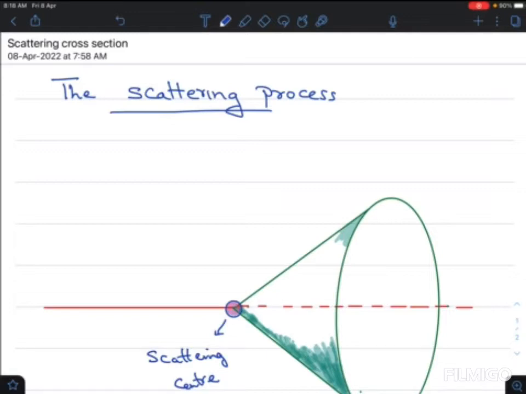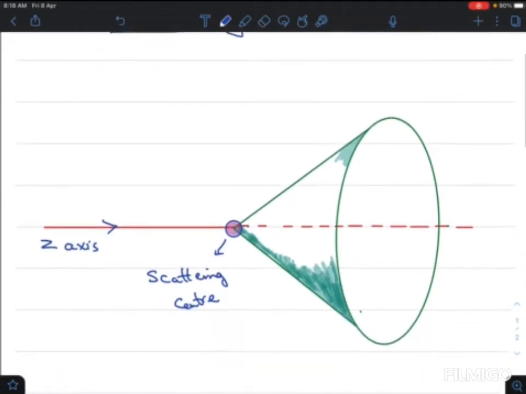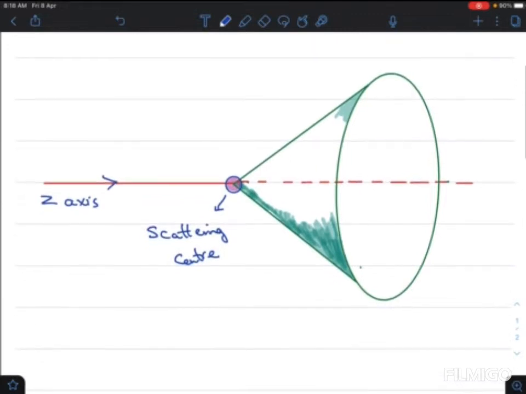And with the Z axis in the direction of the incident beam, so this we take as the Z axis, which is the direction of the incident beam, and the direction of the scattered particles can then be represented by the polar coordinates, that is polar angles.